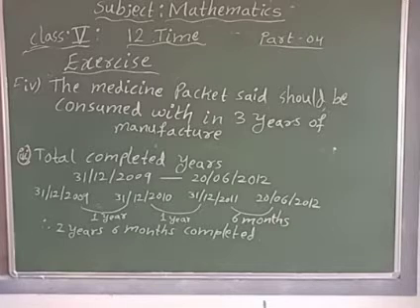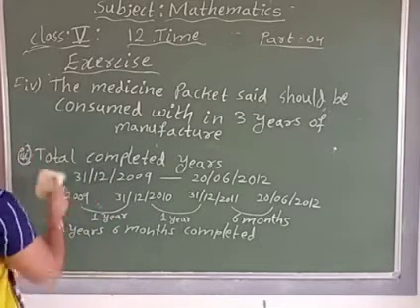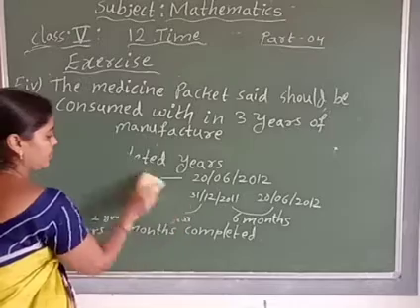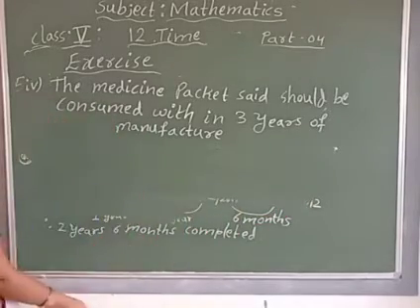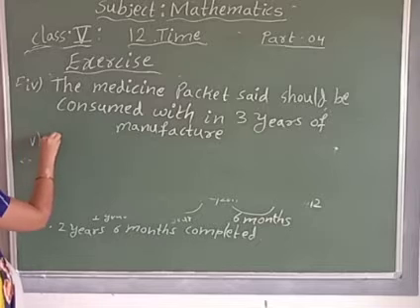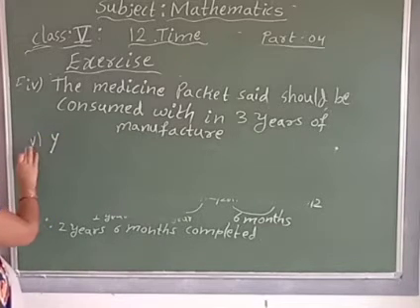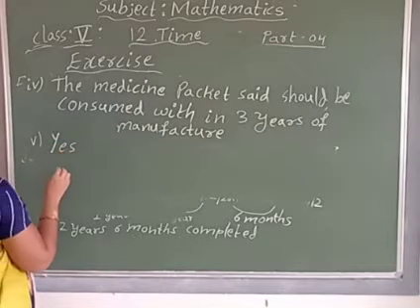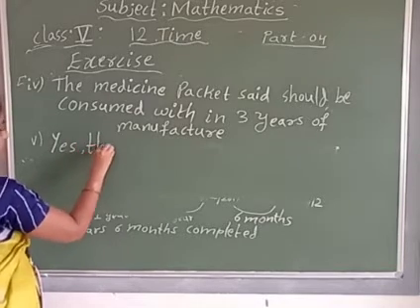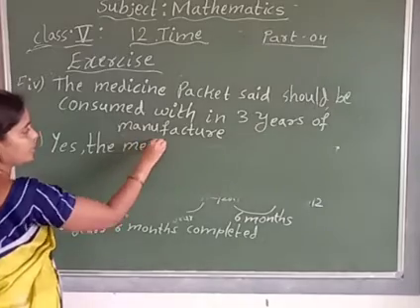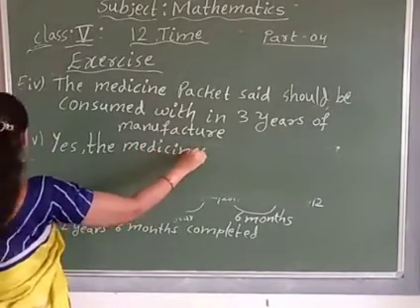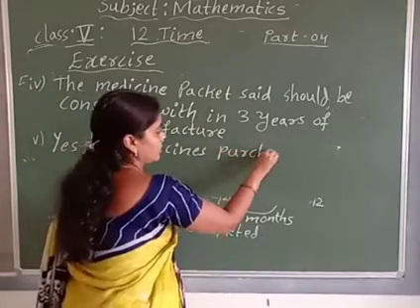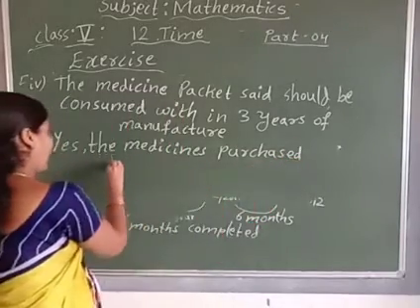So here, is the medicine purchased valid or not? Yes, the medicine is valid. And these are step numbers only, right children? Not question numbers, these are step numbers only.